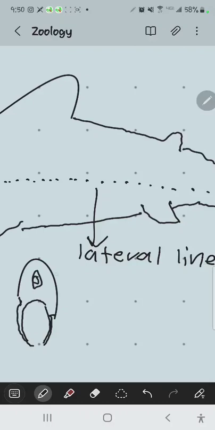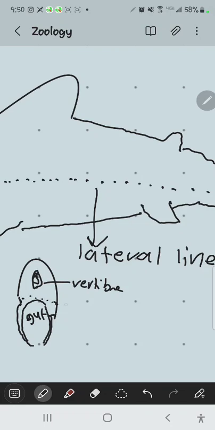What's going on here is there is a group of dorsal muscles here and a group of ventral muscles, and right between these two, this is that lateral line.